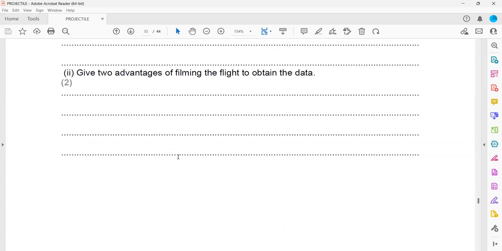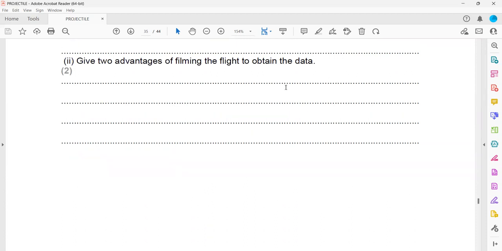Give advantages of filming the flight to obtain the data. What are the advantages of using a video camera rather than a stopwatch? The first thing is that it's difficult for a human eye to observe this motion. Reaction time will not be involved, as we are not using a stopwatch. We can zoom in to check the height.